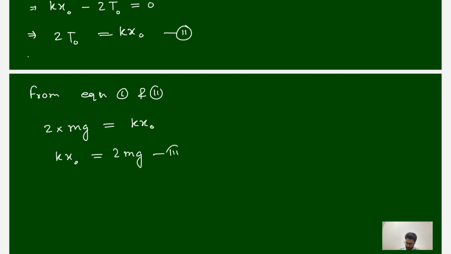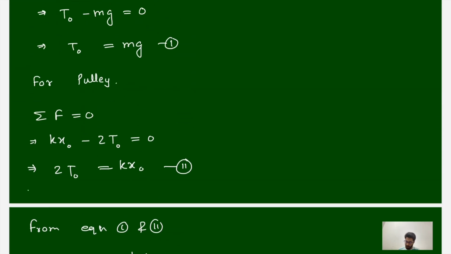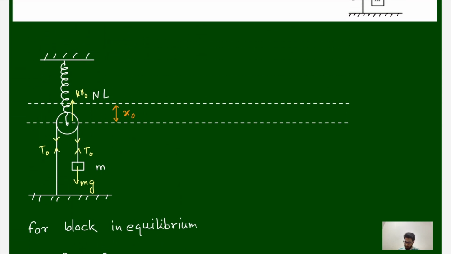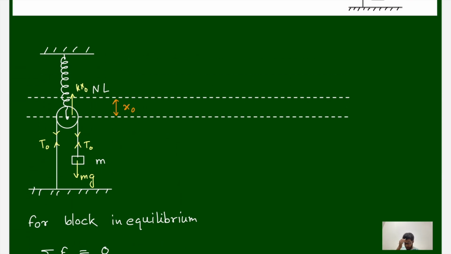This is equation 3. Now what will happen when we displace the block slightly from its mean position? Everything we are going to draw.